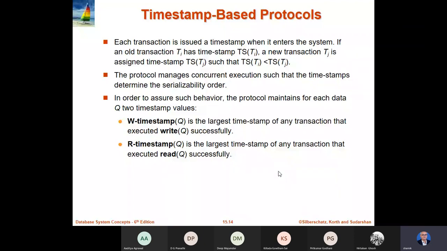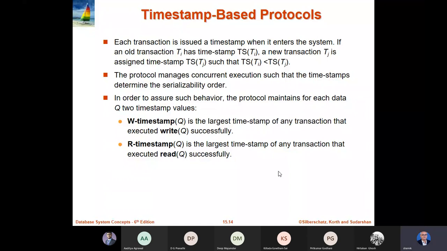So write timestamp of Q is what? It is the largest timestamp of any transaction that executed a write Q successfully. So assume that the transaction Ti at 10:30 and the transaction Tk at say 10:32 both successfully executed write Q. Then because 10:32 is larger than 10:31, the write timestamp of Q after Ti wrote to it will become 10:30, and after Tk successfully wrote to it, the write timestamp of Q will be 10:32.